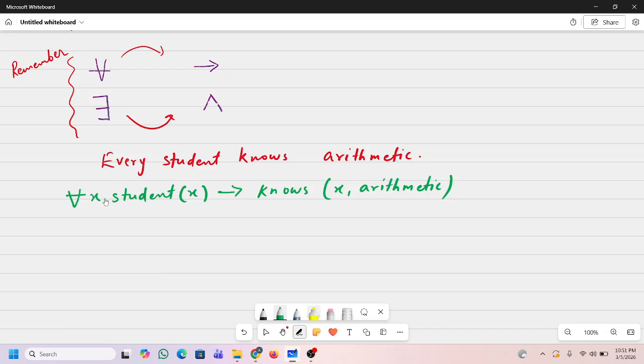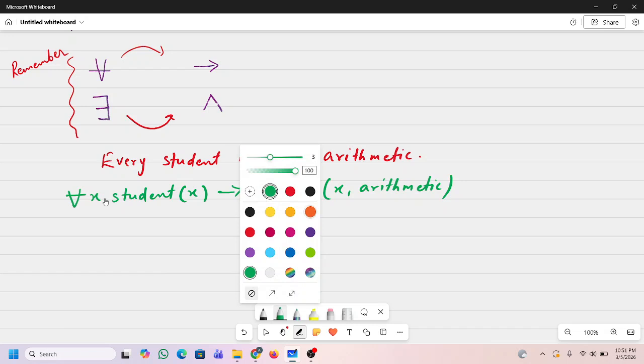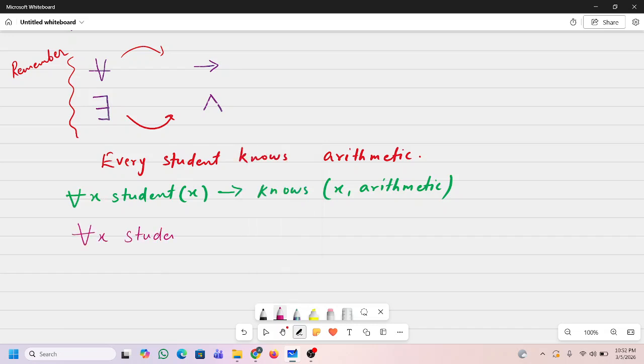Now the second method can be for all x, student(x) and knows(x, arithmetic). Okay, so which one is correct?